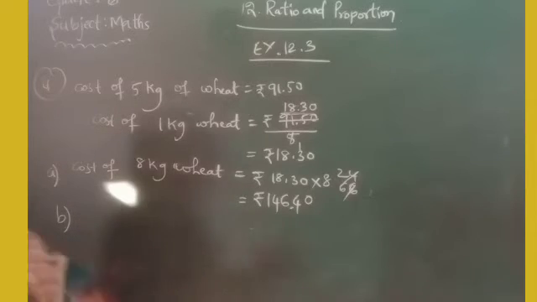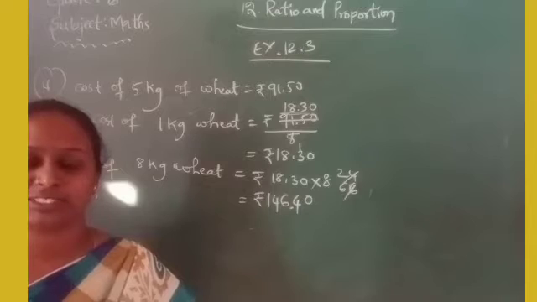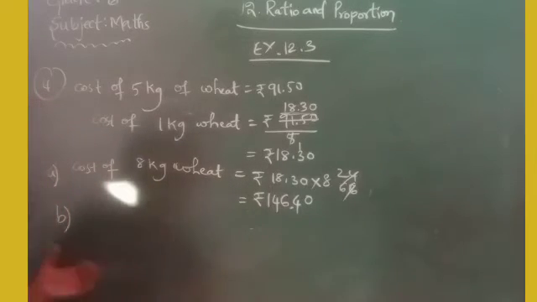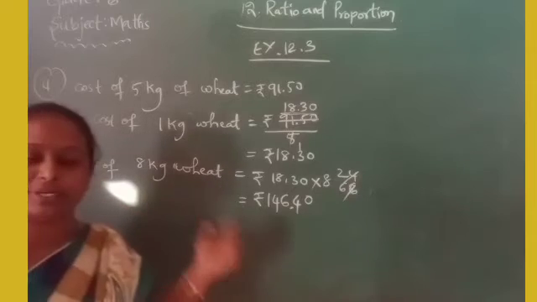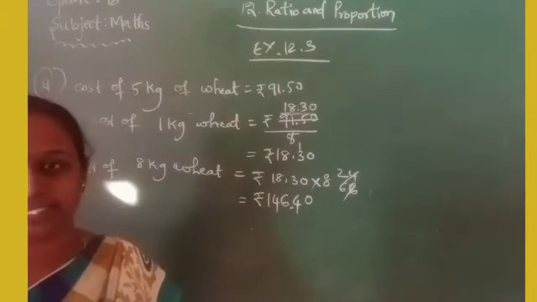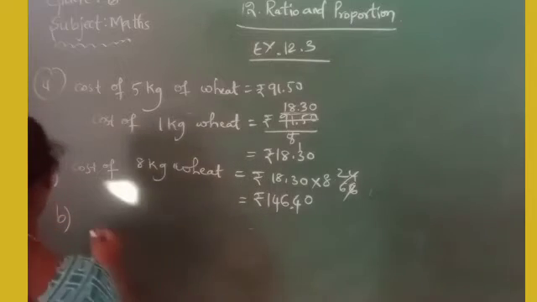In the second question, from 91 rupees 50 paise we can purchase 5 kgs of wheat. Okay, so what is given? 183 rupees. How many kgs of wheat can be purchased? Reverse given. Now how many kgs can we purchase from 183 rupees? That one we have to find.